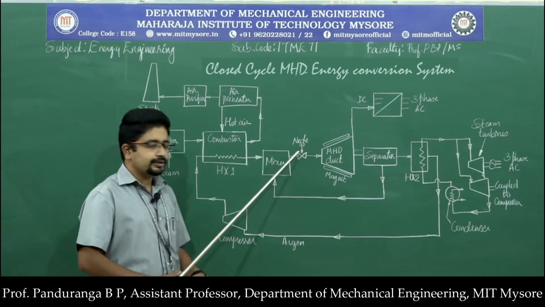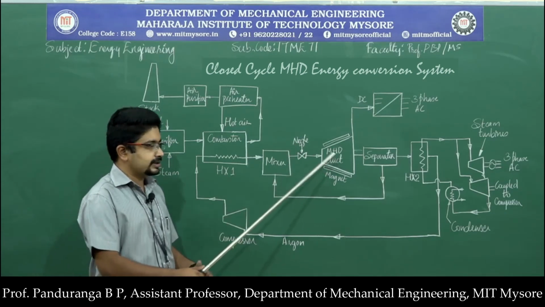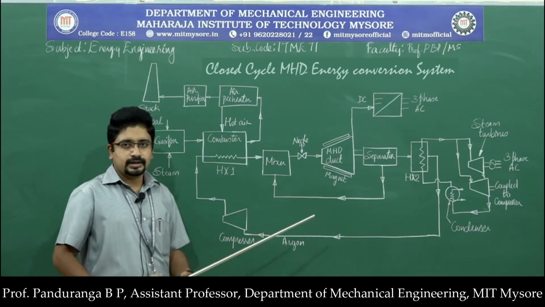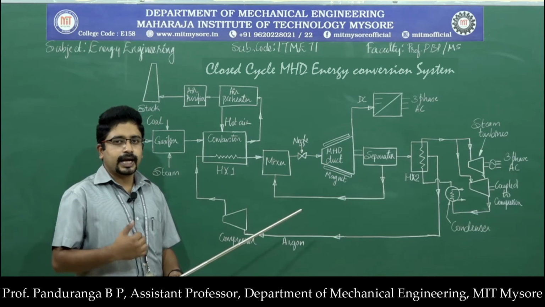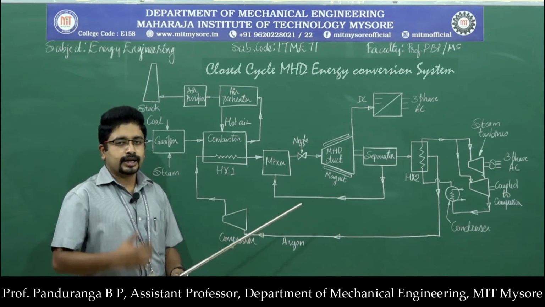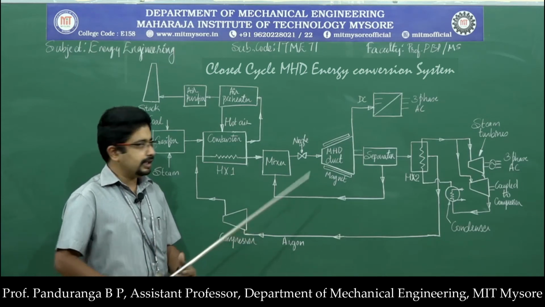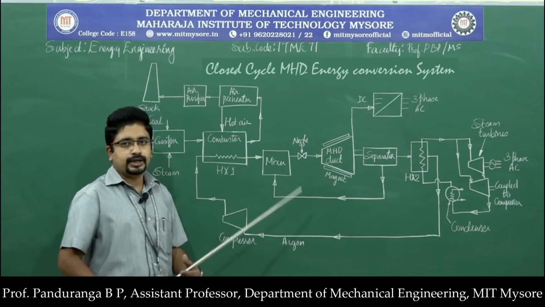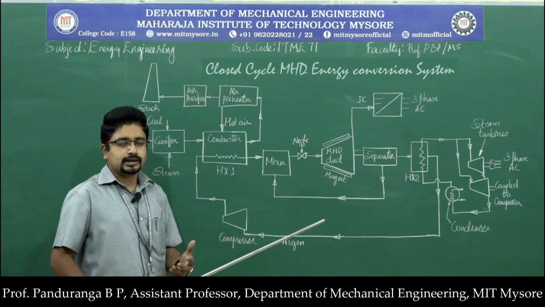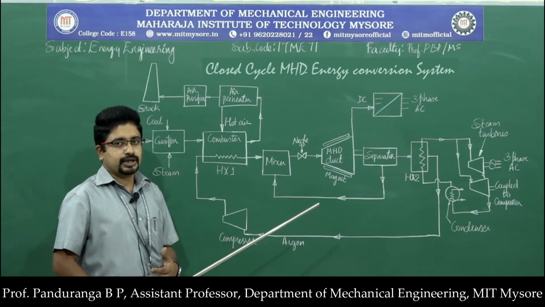Now we need to increase the kinetic energy of the gases before they enter the MHD duct, because the MHD duct is a device which converts the kinetic energy of ionized gases or ionized fluid directly into electrical energy when a magnetic field is applied perpendicular to the direction of flow. So we need to increase the kinetic energy of the gases and we need to reduce the pressure energy.